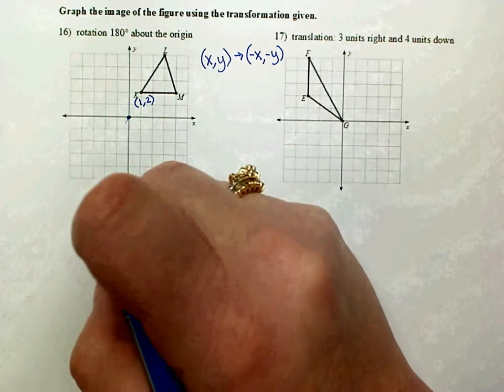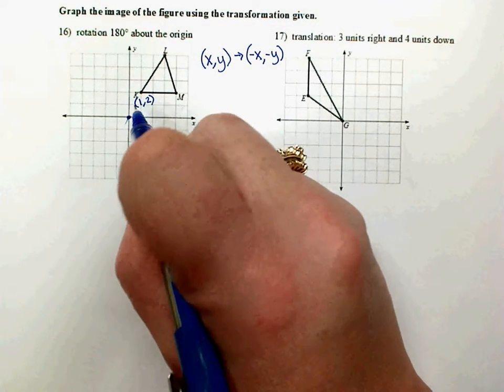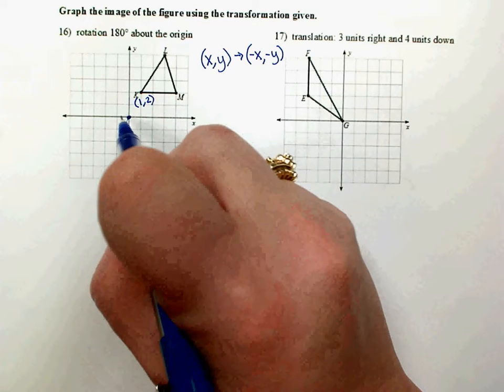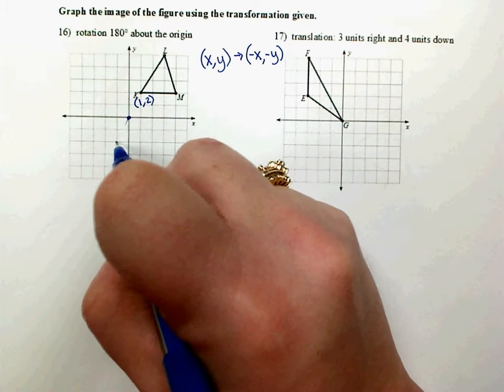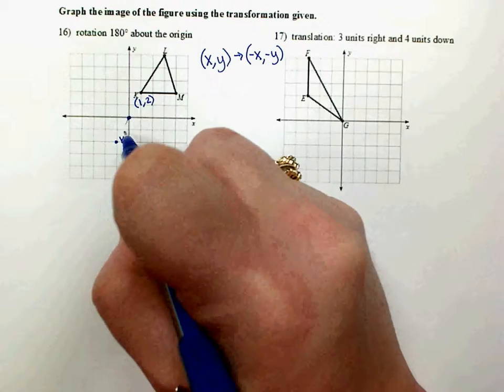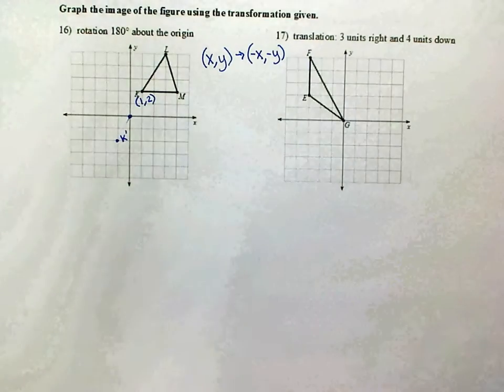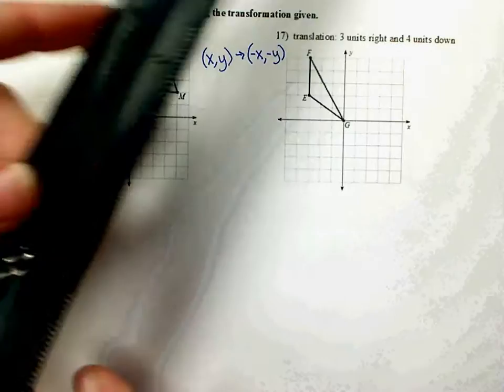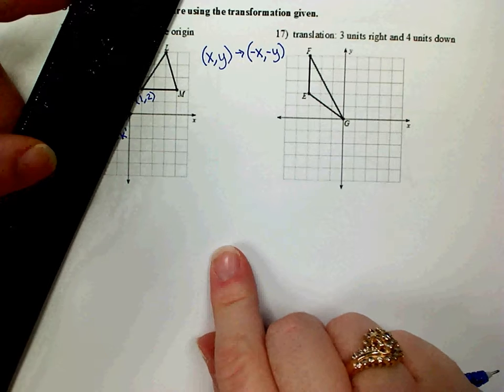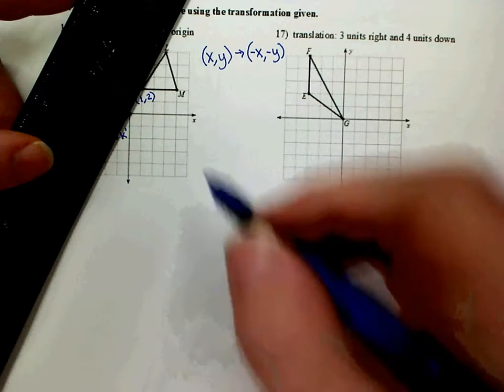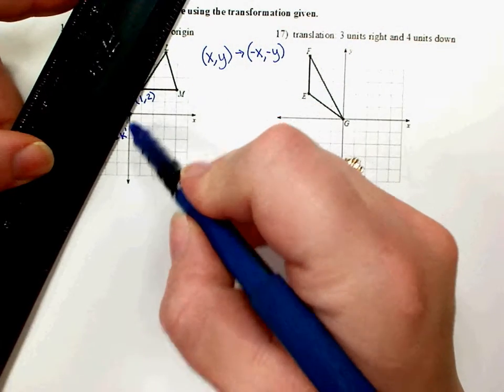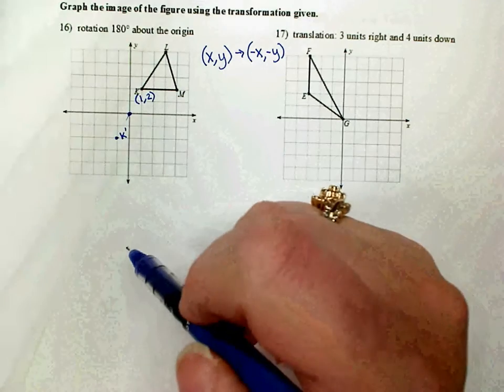I know K prime will have the opposite signs, -1, -2. -1, -2 is right here. That's where my K prime ends up. I can check that with a ruler just to make sure that those 3 points are indeed in a line, which they are. Here's K, the origin, and K prime all in a line.